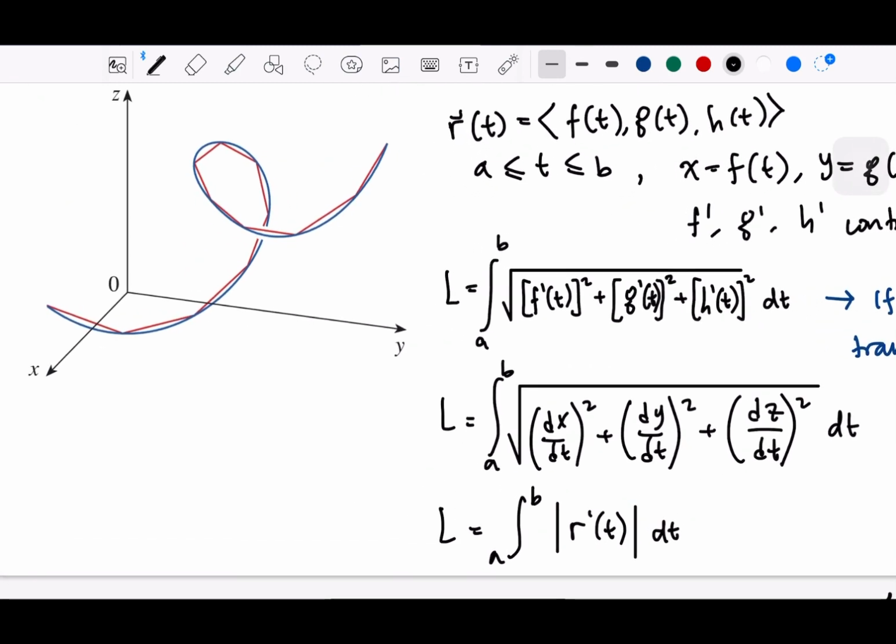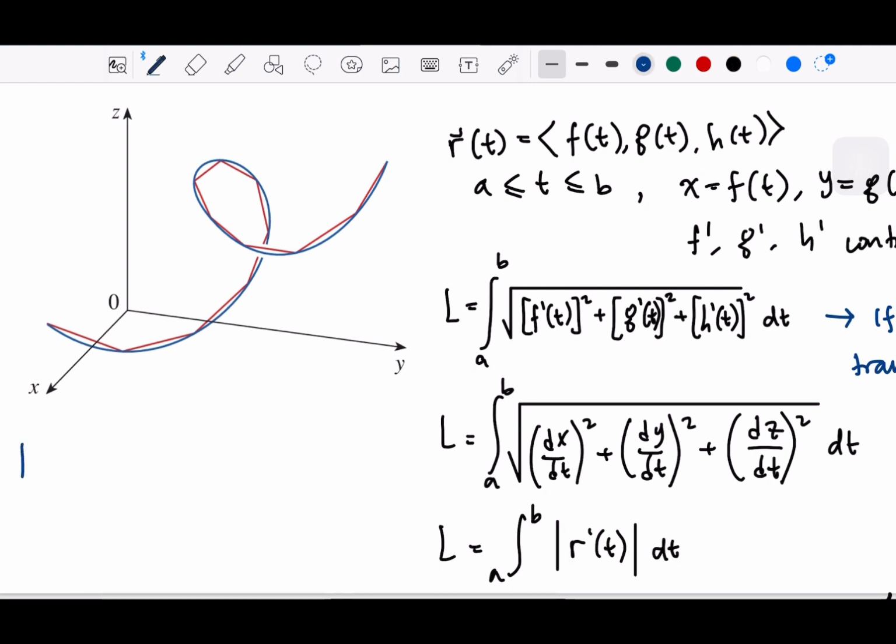Let me take notes here that the magnitude of r prime is basically f prime t squared plus g prime t squared plus h prime t squared.